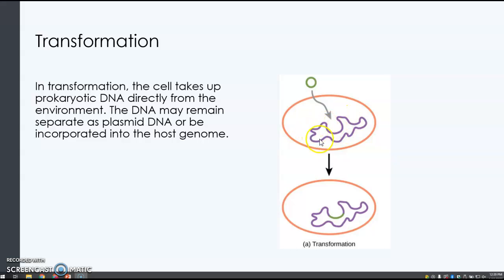This is the one single circular chromosome for the bacterium here on the top of the picture. So the plasmid can enter this bacterium, and then it can incorporate itself into the genome of this bacterium. So in the future, every time this bacterium divides, it will contain those additional genes that the plasmid gave it, okay?